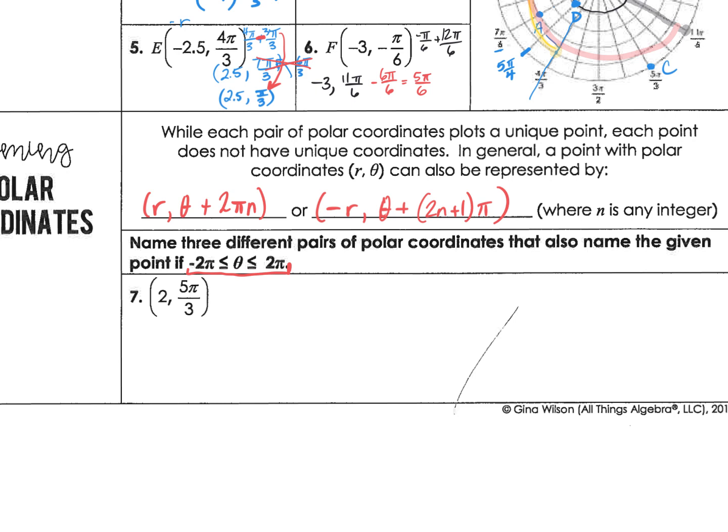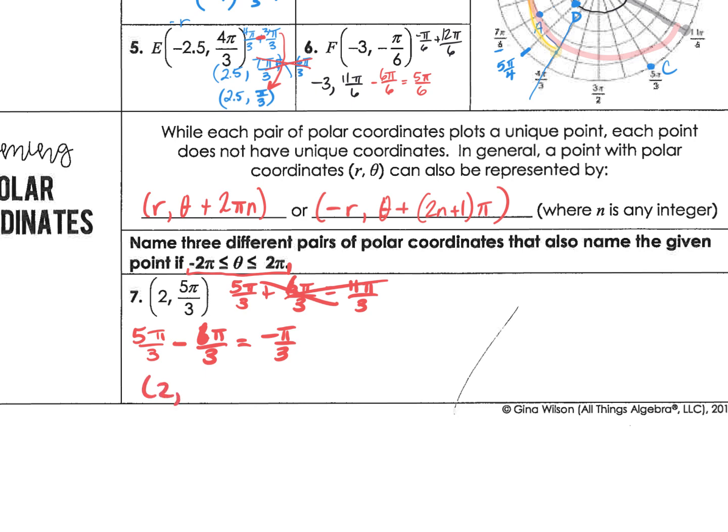If we take 5 pi over 3 and add 2 pi to it, that is the same as 6 pi over 3, which gives 11 pi over 3, which is greater than 2 pi, so we can't do the plus. That doesn't work. So instead we take 5 pi over 3 and subtract 2 pi from it, which is the same as 6 pi over 3, which gives us negative pi over 3. So there's one option.